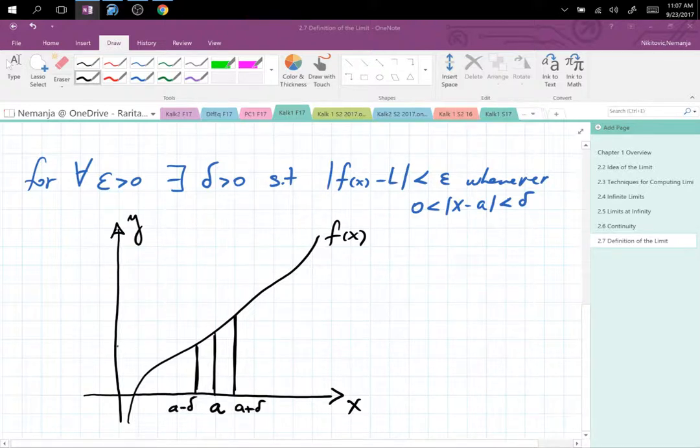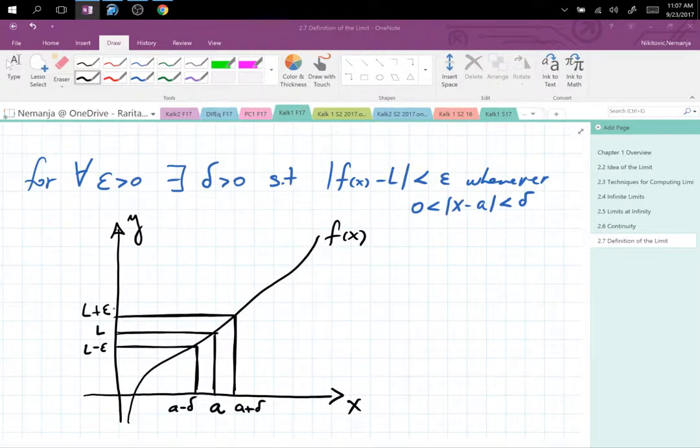All of these will produce y values. The one in the middle is L, L minus epsilon, and L plus epsilon. Hopefully, you see that you are creating some kind of tube around a.